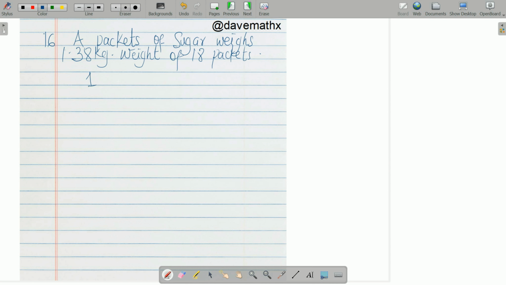The weight of one packet is 1.38 kilograms. Then we represent the weight of 18 packets as x. After cross-multiplying, we have x to be 1.38 times 18.